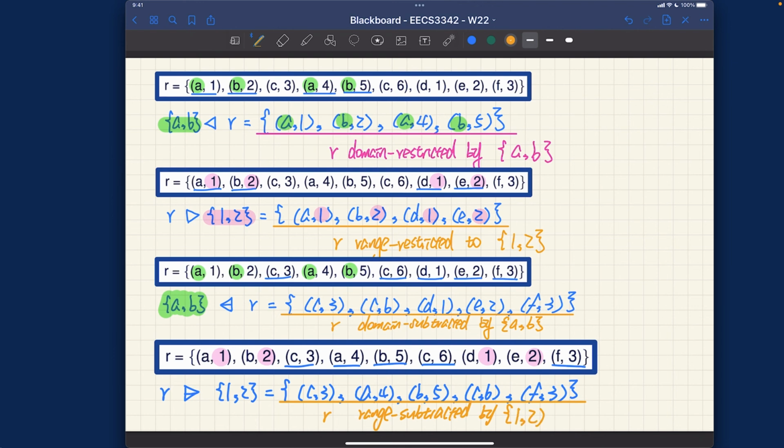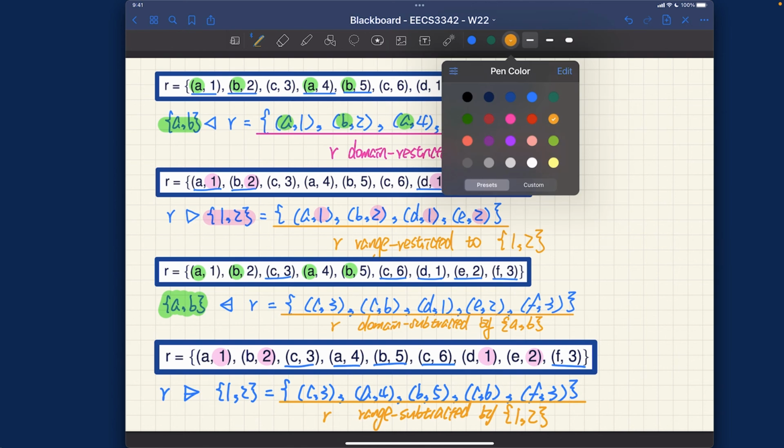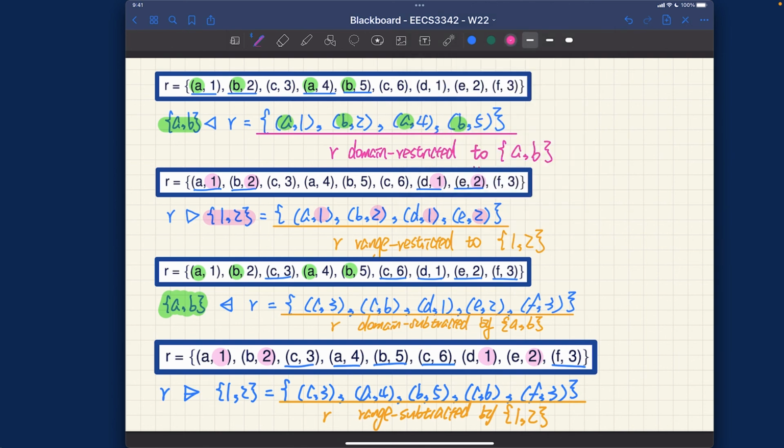Yeah, I think a more consistent use of the English would be whenever you talk about subtraction, it should be subtraction by something. Whenever you talk about restriction, it should be restriction to. So that means I better say domain restricted to this particular set. I think that'll be better, just to be more consistent. All right, so we talk about actually 4 cases, right?